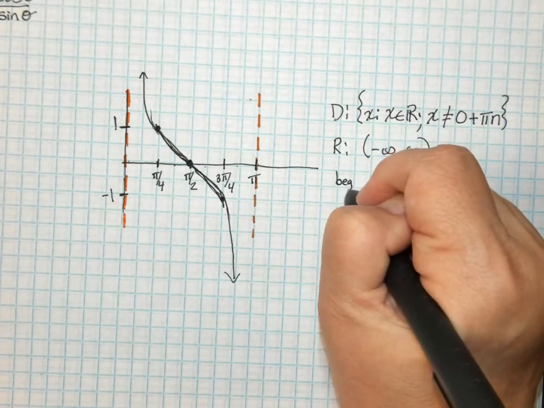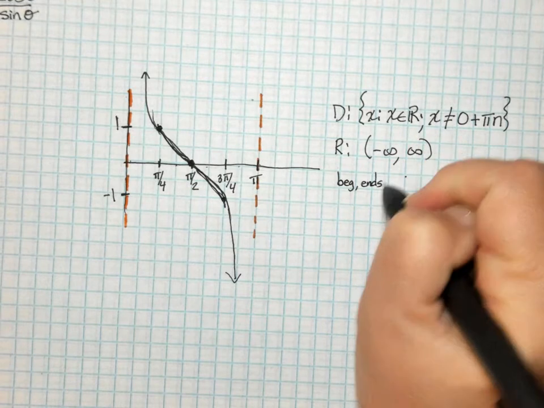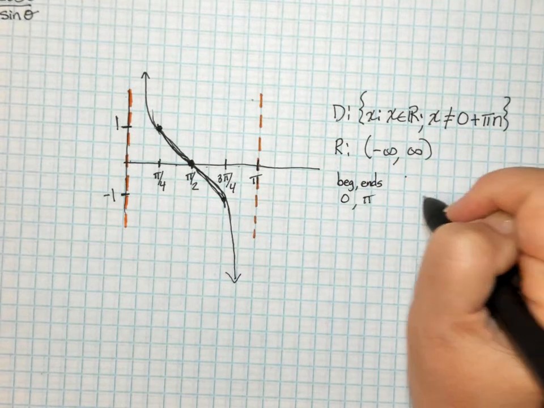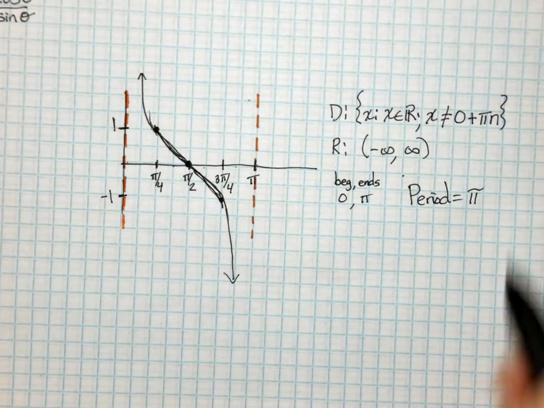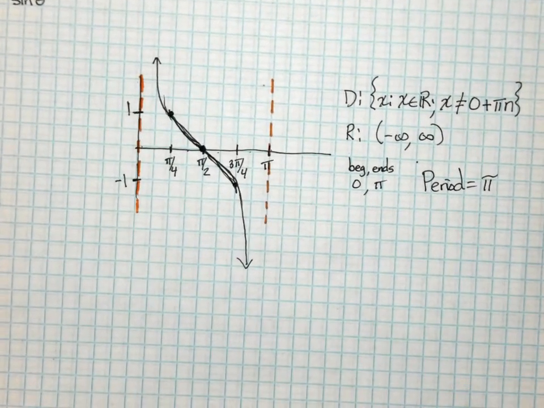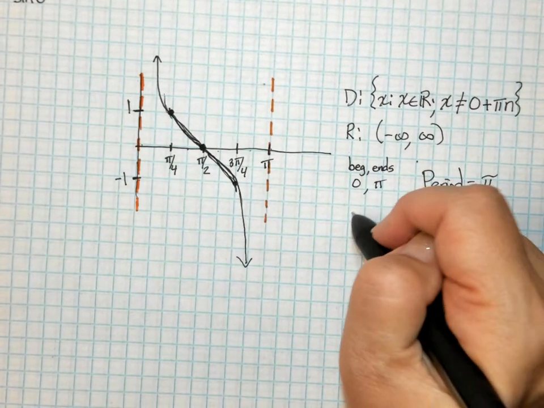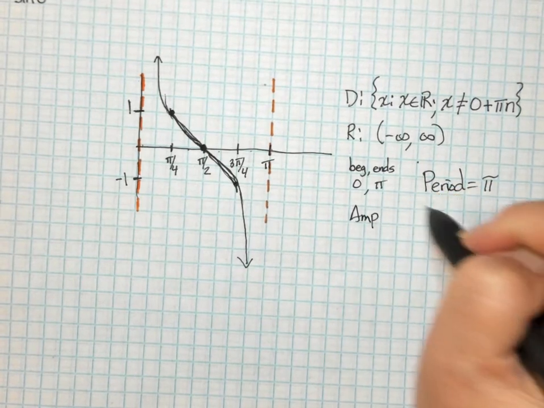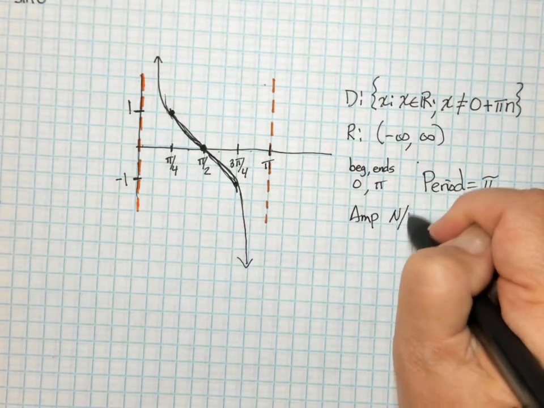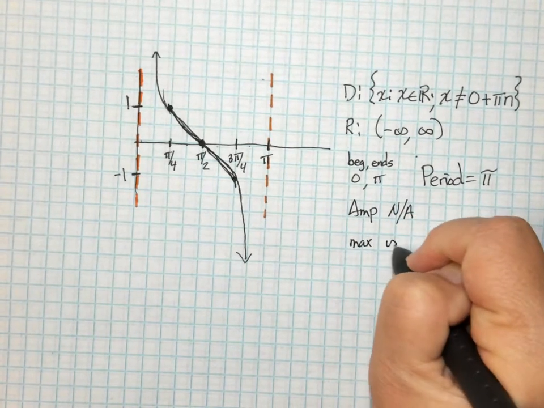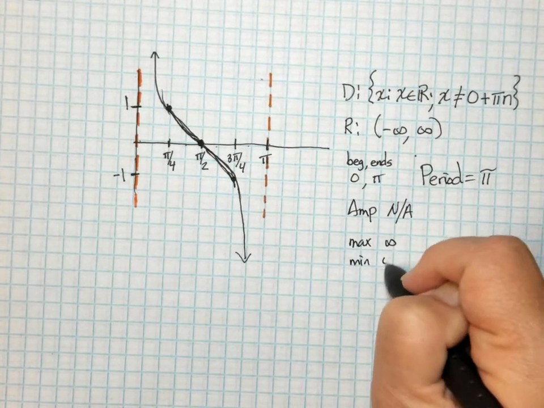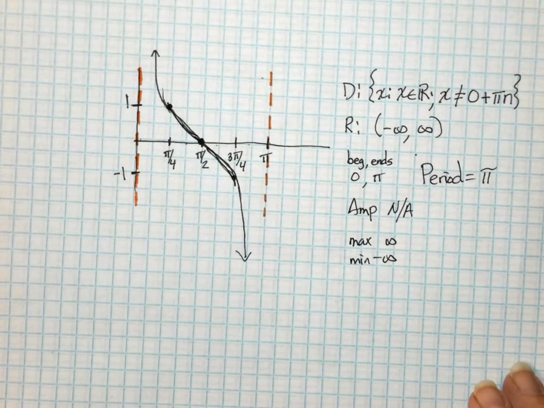This guy begins and ends at 0 and pi, so the period length is pi, just like tangent was. Amplitude is something that we don't measure, really. There's no amplitude. Max infinity, min negative infinity.